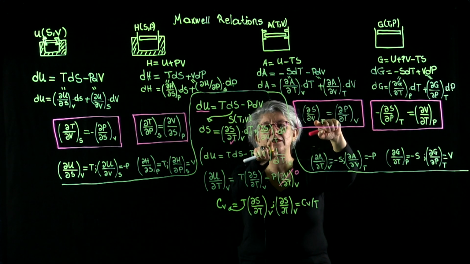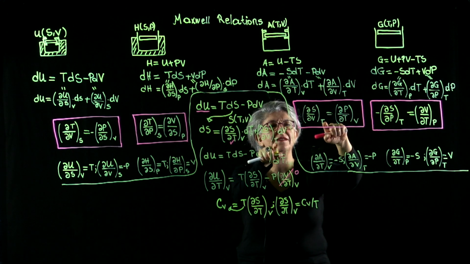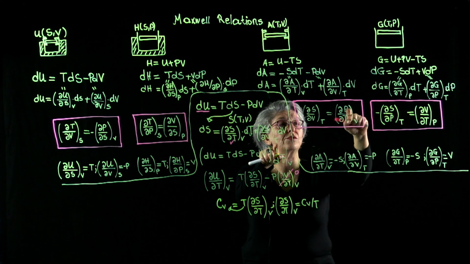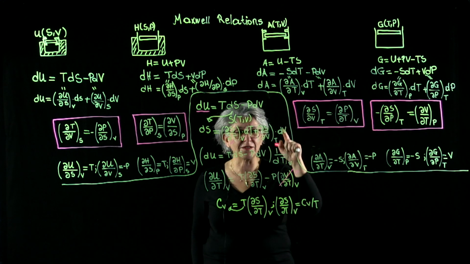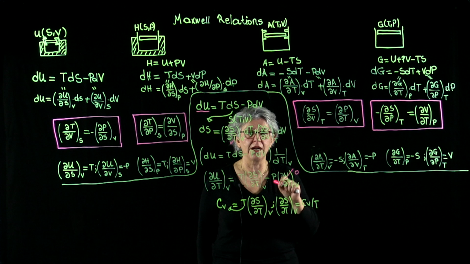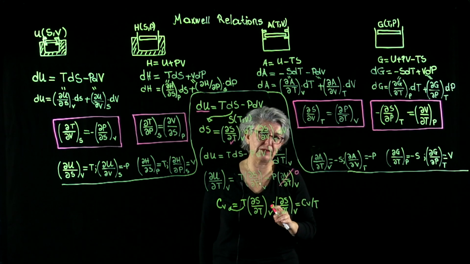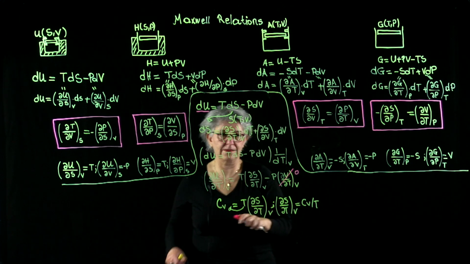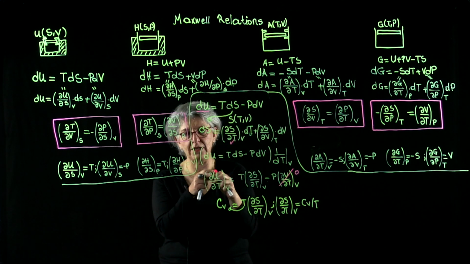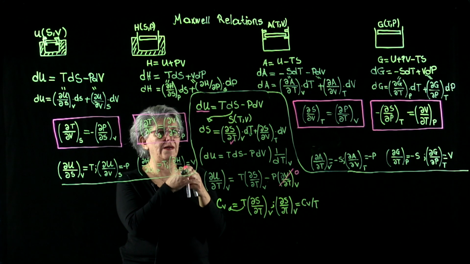Hey, I find the equivalent here: del S over del V at constant T is equal to del P over del T at constant V. It was exactly what I was looking for. I'm replacing entropy with pressure, volume, temperature. All right? It's just a matter of convenience. All right.